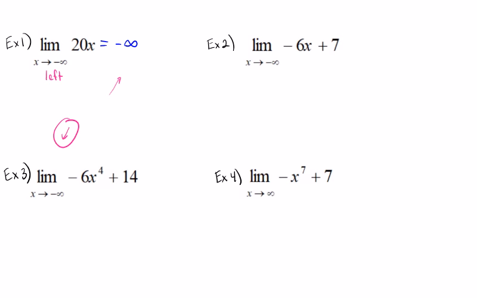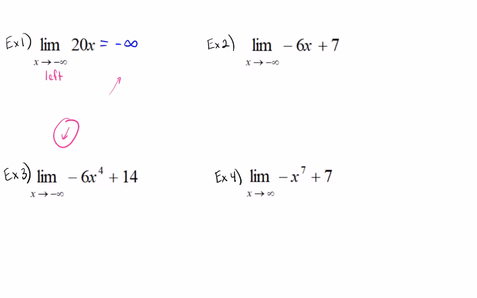Another way to do this is to conceptualize in terms of computations. If I start plugging in numbers that are getting larger in the negative direction, what if I plug in negative 10? 20 times negative 10 is negative 200. What about negative 100? 20 times negative 100 is negative 2,000, and so forth.